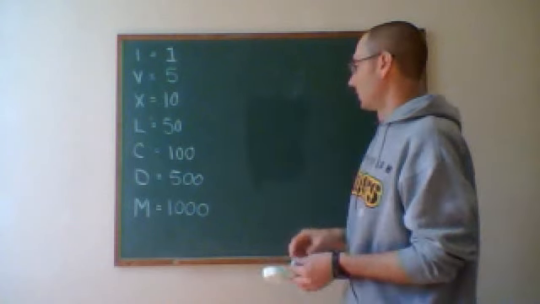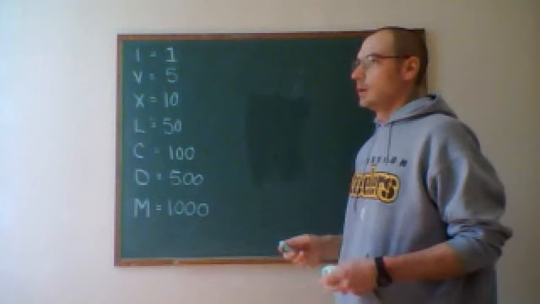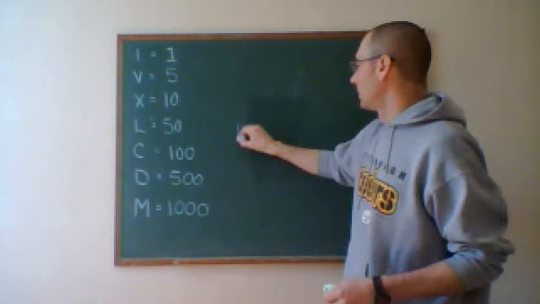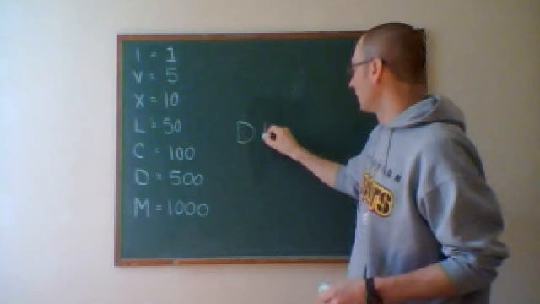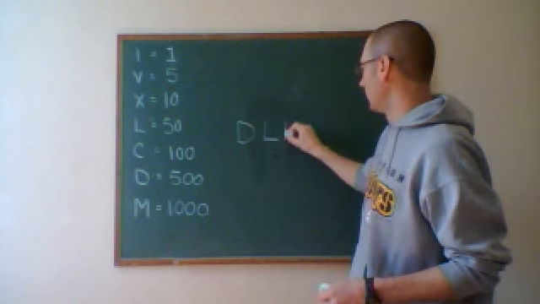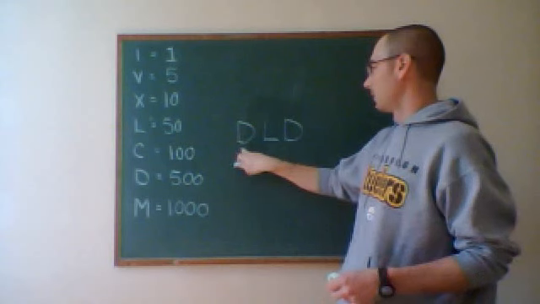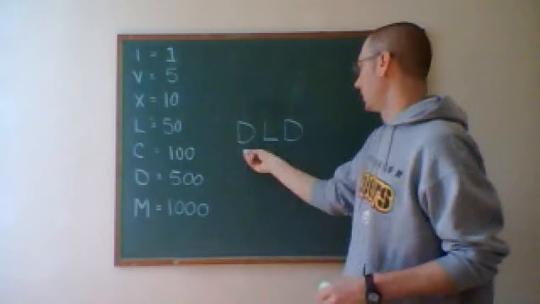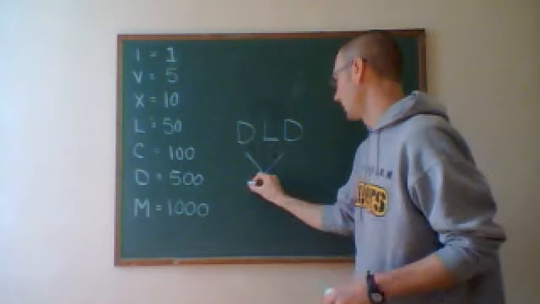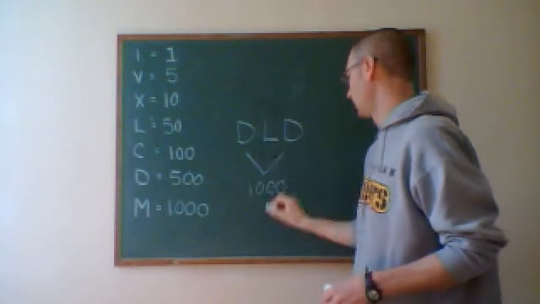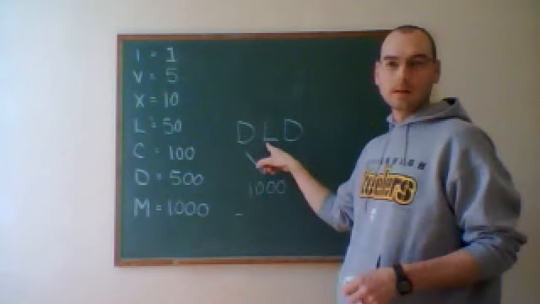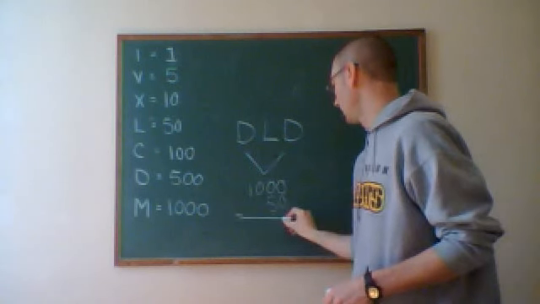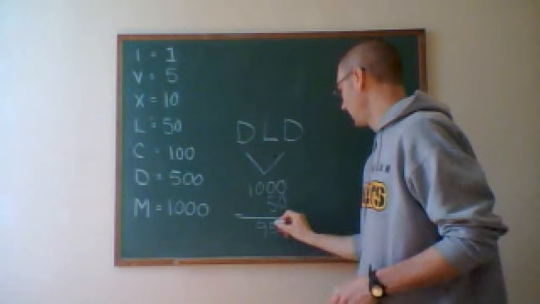Okay. So now we can move on to, say, if we have a V, an L, and a D. If we have 2 letters of greater value with a letter of lesser value in the middle, we take the sum of the 2 greater values, giving us 1000, and subtract the value of the lesser letter, 50, giving us 950.